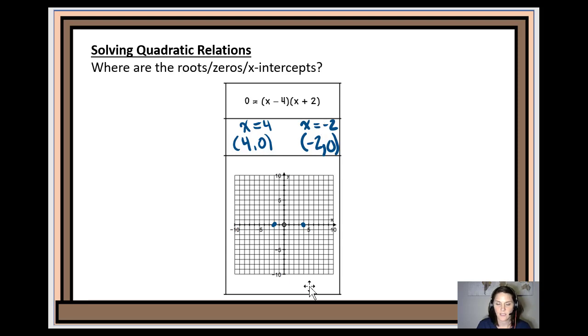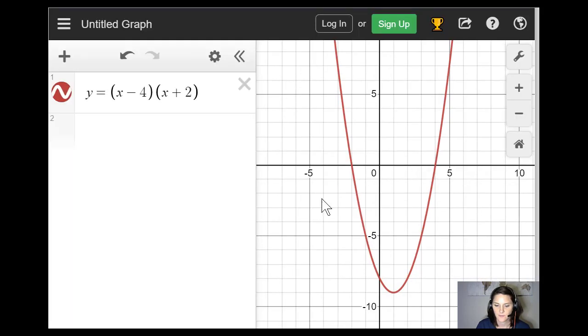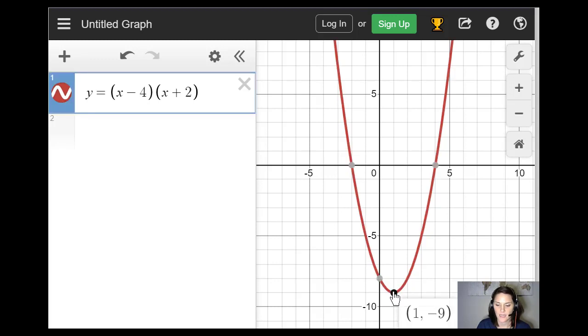If we head over to Desmos real quick, we'll plug it in and make a quick sketch. Okay, plugging it into Desmos, I'm going to take a quick look for my vertex. So (1, -9) and (0, -8).